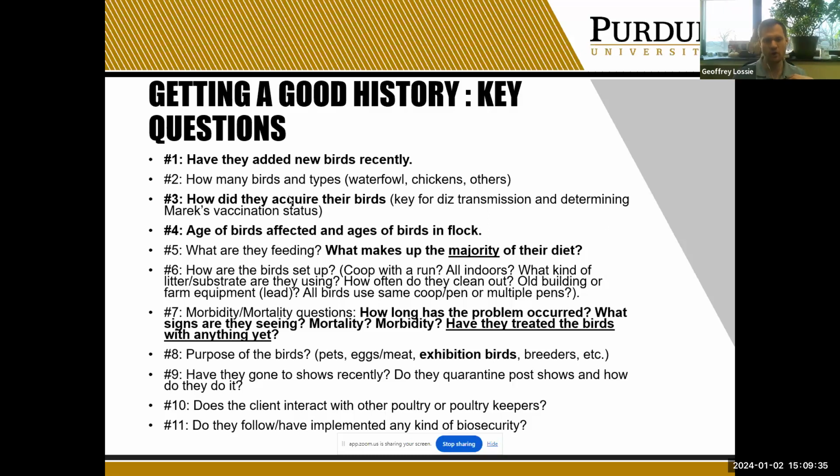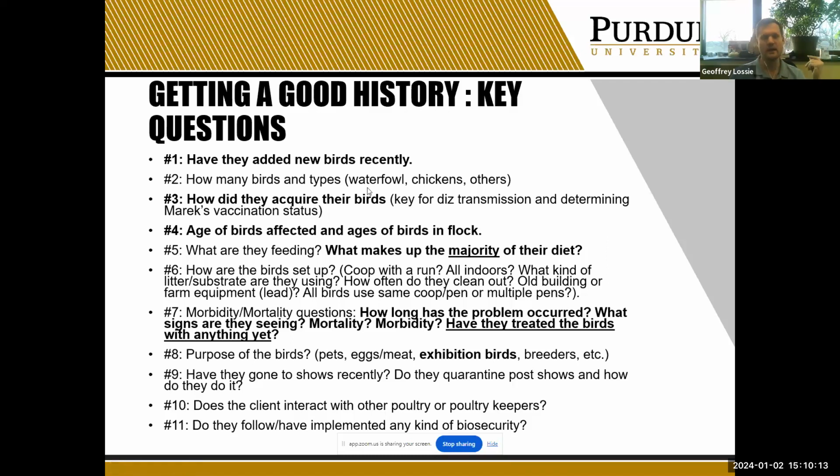But even if the birds are your own, which I imagine many of the people in this call either have their own birds or they're extension agents, these are going to be really key questions when you either are working up a potential disease in your flock or somebody is calling you looking for advice. So we'll take a second before we start looking at, side by side, normal and abnormal of the important body systems. There are a few really key questions that I want to point out to everybody.